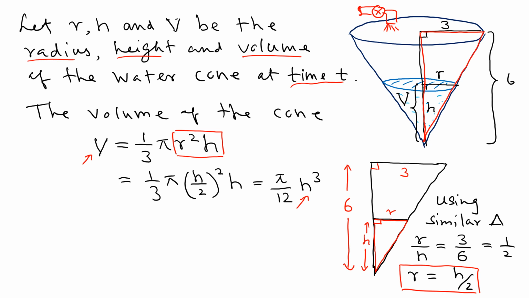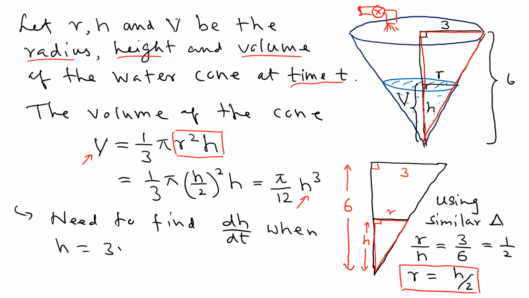Now we can take the derivative. The goal here is to find dh over dt when h equals 3 meters, because it said 3 meters deep.